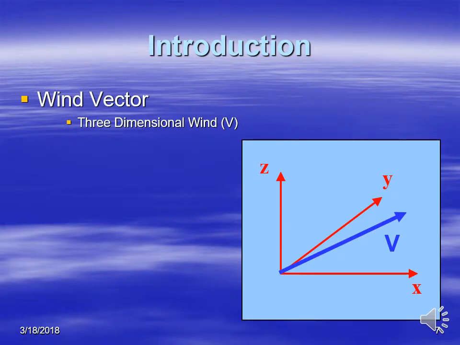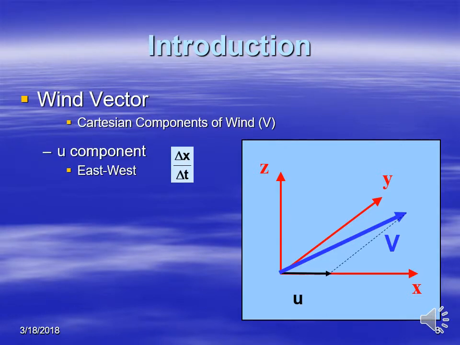So the wind can be broken down into its three components if you look at the three-dimensional wind vector, which is V. It's really important to remember these names, or nomenclature. We use these components in meteorology all through developing theories of the motion and propagation of weather systems.